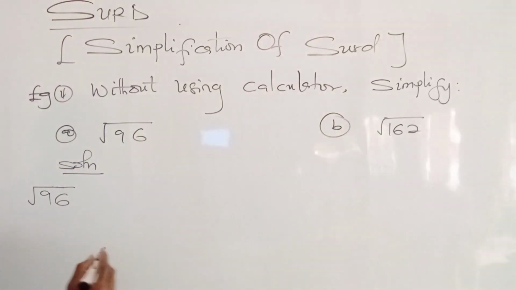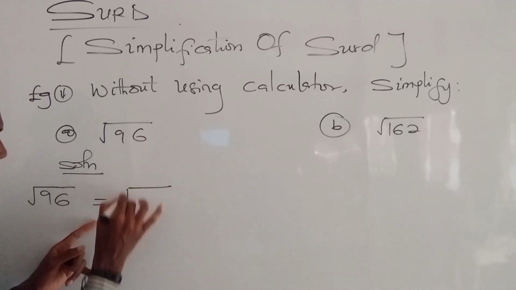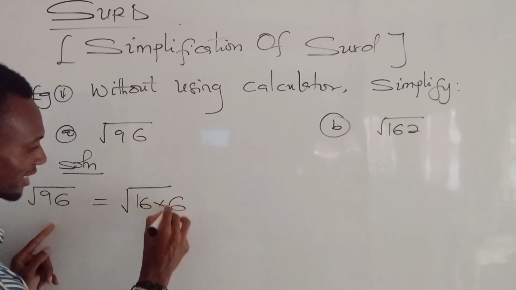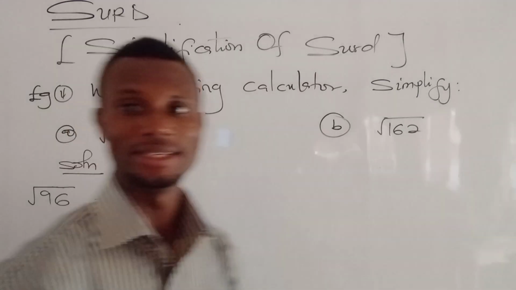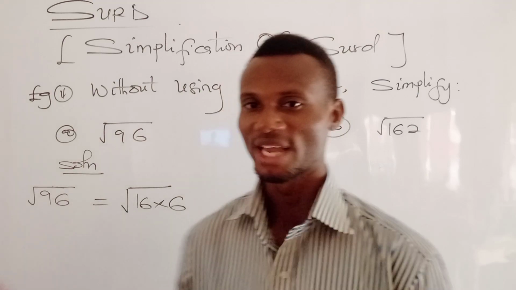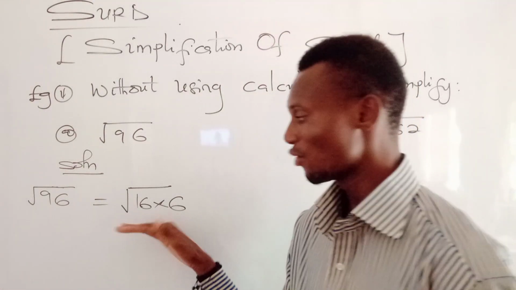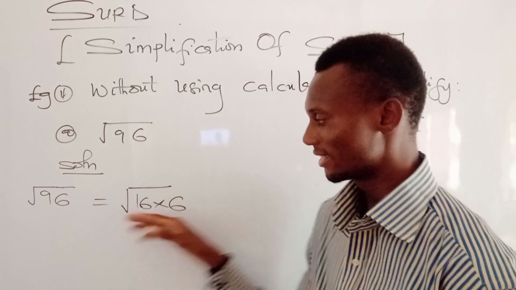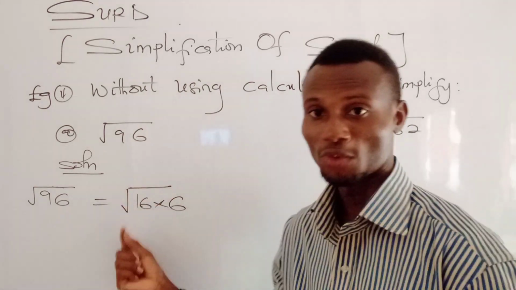So let's go ahead and simplify. I'll bring my equal sign, bring your square root, then the 96, I'll write it as 16 times 6. In place of the 96, I'll write 16 times 6. I hope you agree with me up to this point. We've explained that when you have it like this, the next step is that the square root affects everything under it.